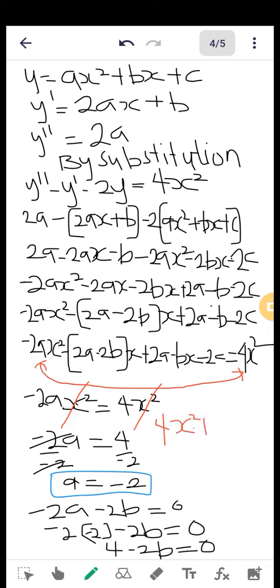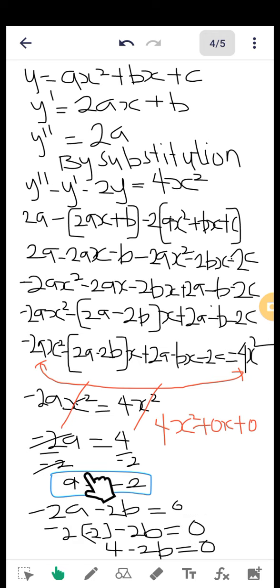So the other terms will be plus 0x plus a constant, or plus 0. My right hand side is only the 4x squared which is appearing; the rest is 0. So comparing the coefficient of x, 0 will be equal to the one in front of the x. That's how we equated this to 0.